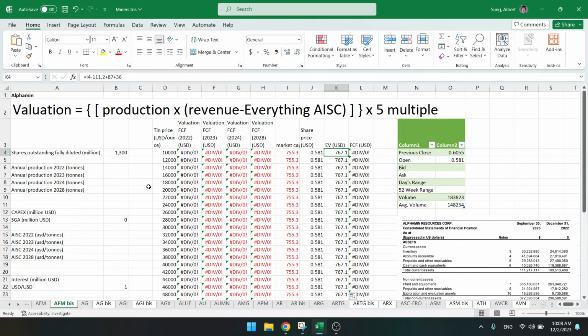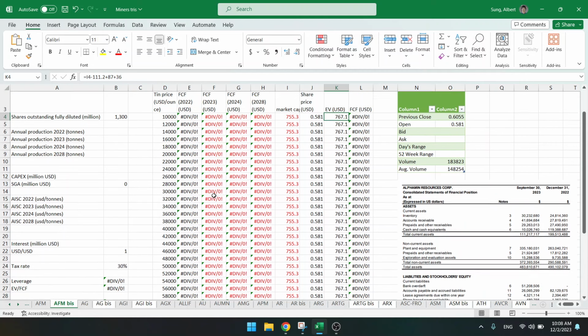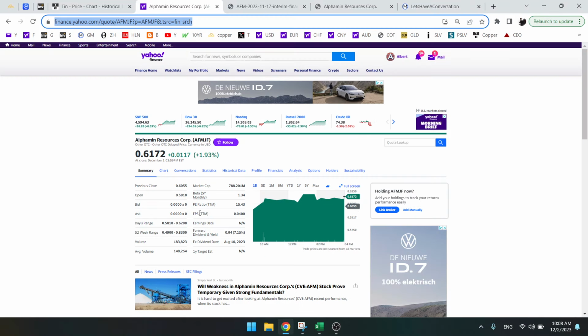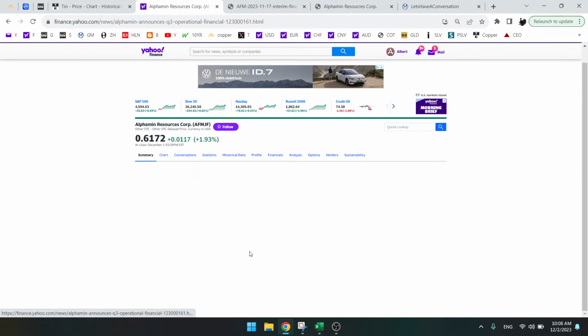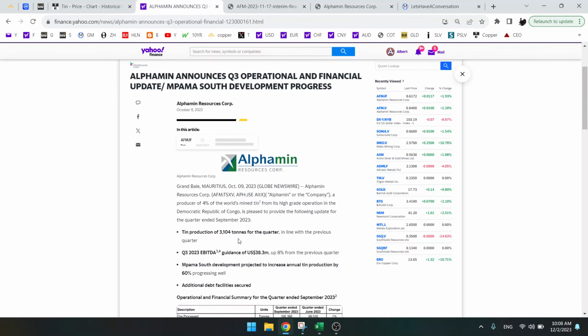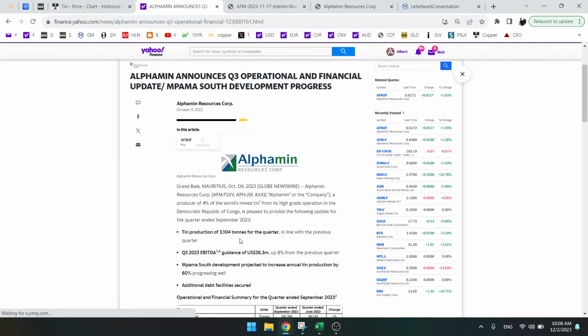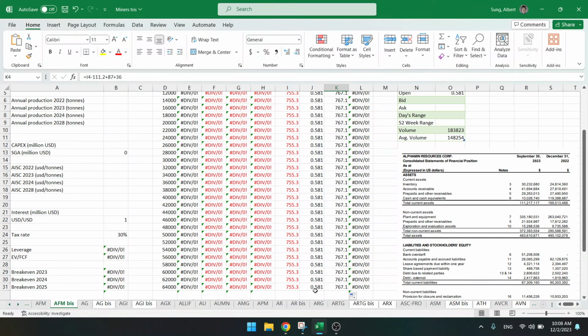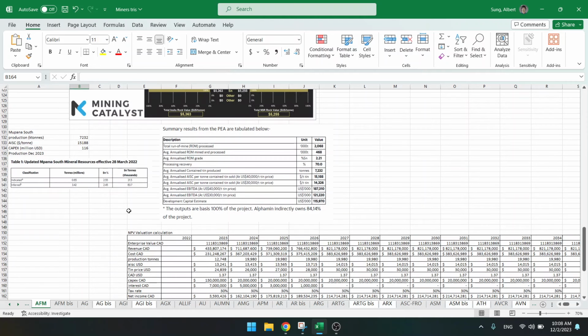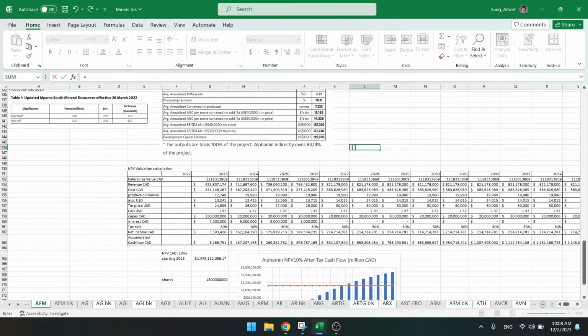Okay. Next up, we look at production. What is the latest production number? 3104 for the quarter. 3104 times 4, 12,400.